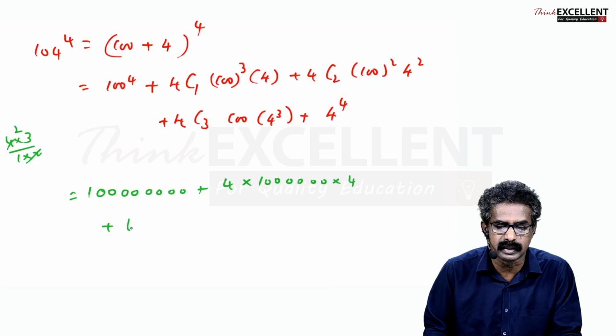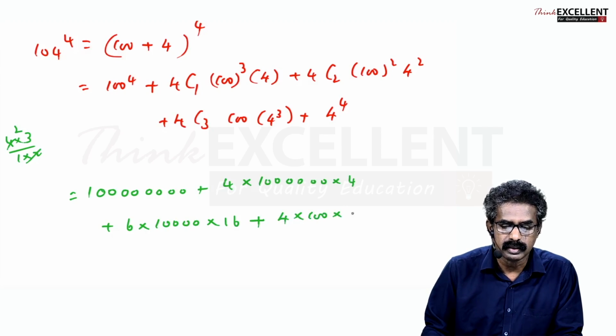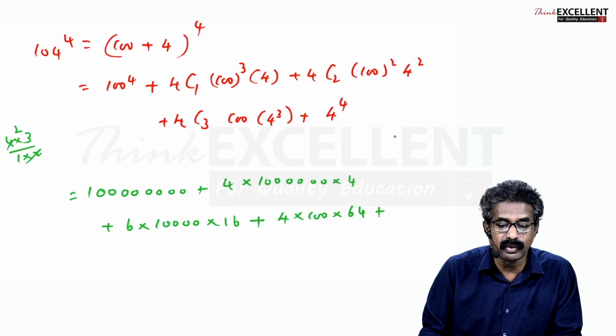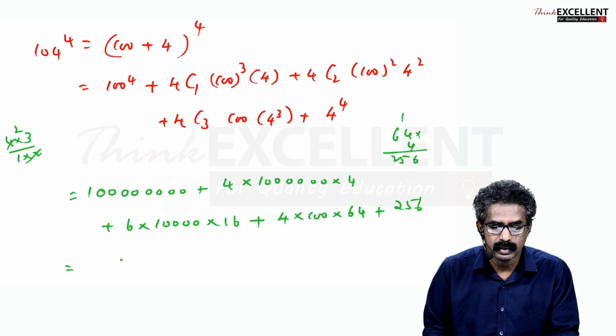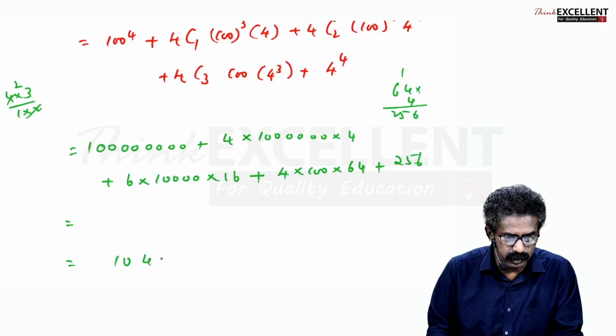So 2 3s are 6 into 100 squared into 4 squared, 16. 4c3 is same as 4c1, 4 into 100 into 4 cubed. What is that? 64, right? Then finally 4 raised to 4, which is 64 into 4, 256. Now we have to simplify this. When you simplify, I'll give you the answer, you can check it, okay?